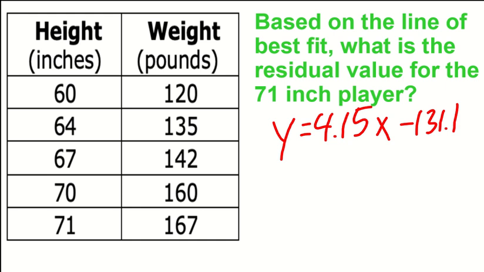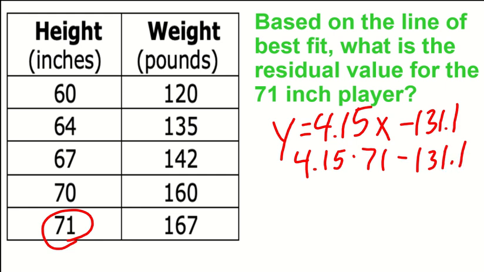So what we're going to do then is take our 71 and plug it in for x. So we got 4.15 times 71 minus 131.1. Who can give me that? 163.55. All right. And then it's the actual minus the predicted.